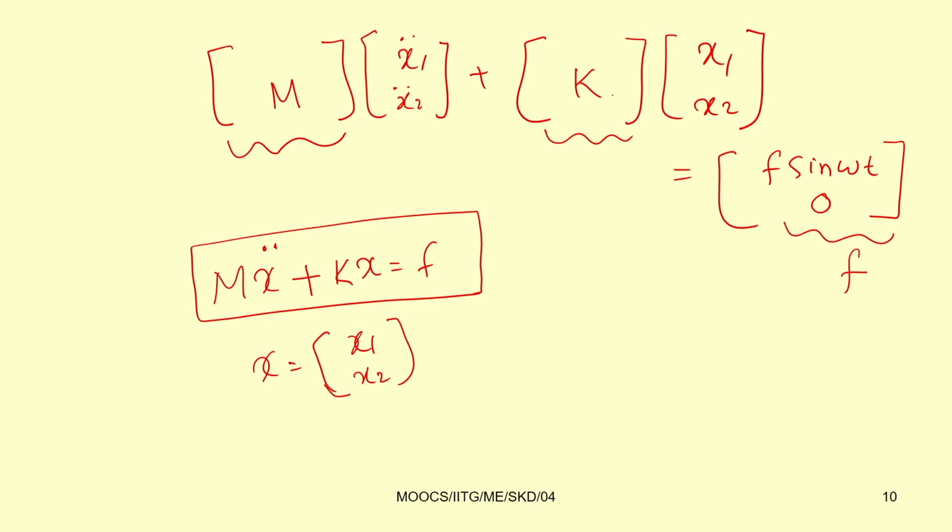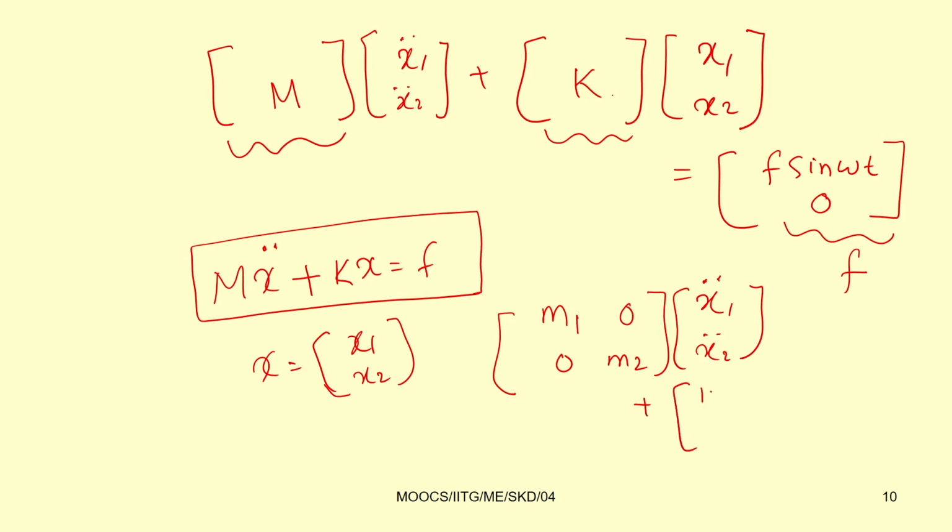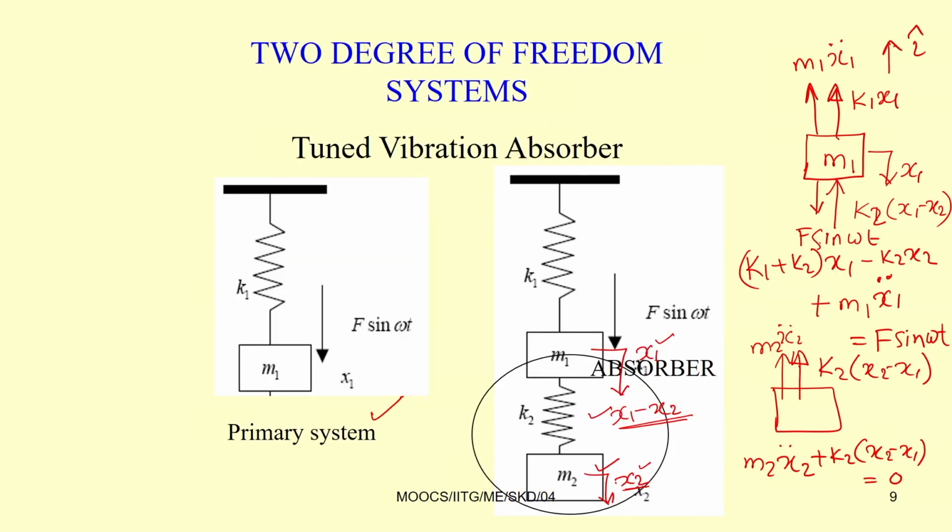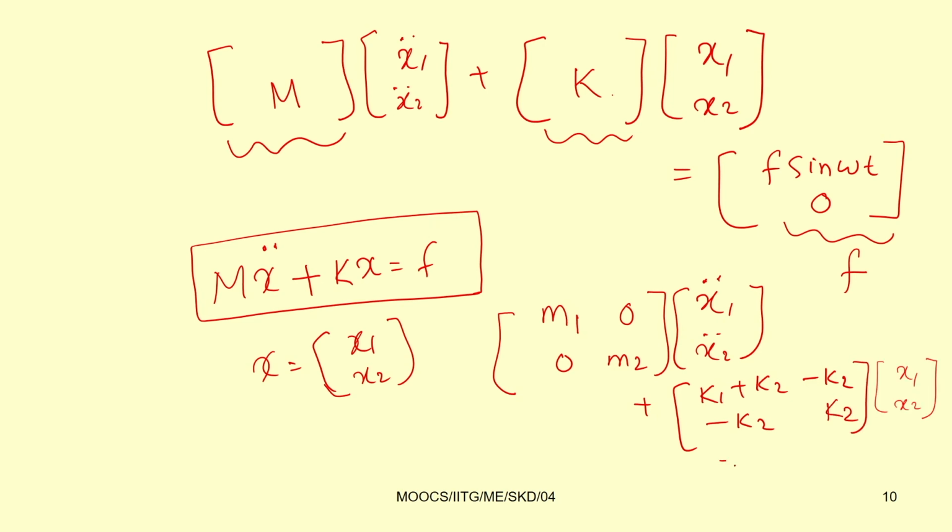For this present system, we have m1, 0, 0, m2 times x1 double dot, x2 double dot, plus k1 plus k2, minus k2, minus k2, and k2 times x1, x2, equal to f sin omega t and 0.